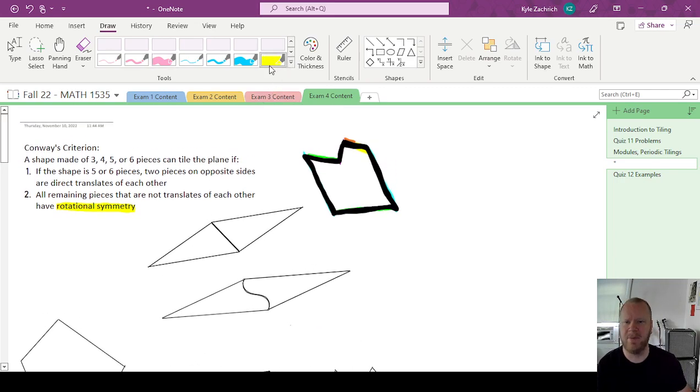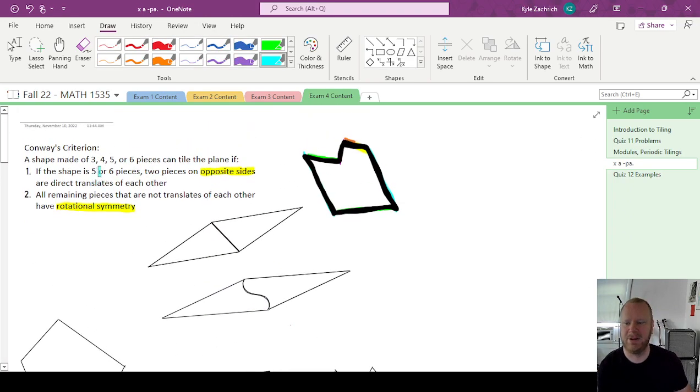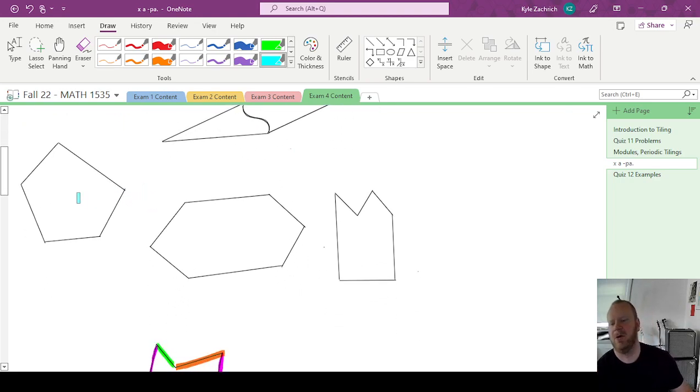Okay, so you may or may not have seen this discussion of what an opposite side is on there, so I wanted to talk a little bit about that as well. And notice this only applies for 5 or 6 pieces. So looking at the shape over on the left here, let's say that each side of this pentagon is one piece. So this is a 5-piece shape. If I want to talk about the one that's opposite to this one, I actually have 2 options.